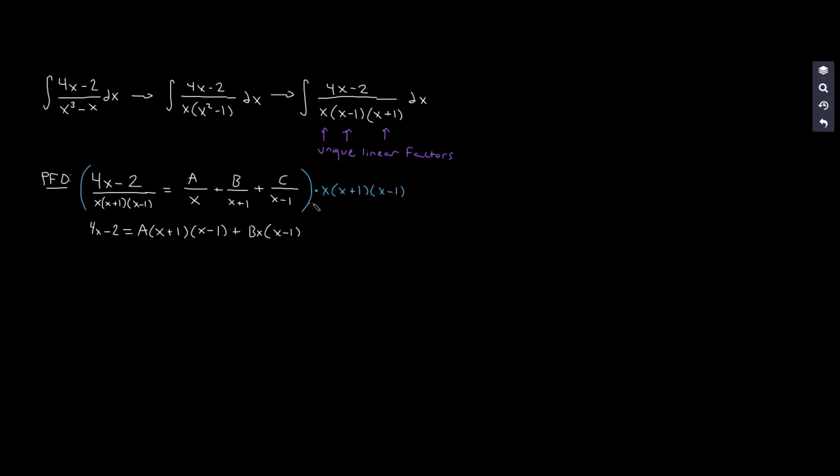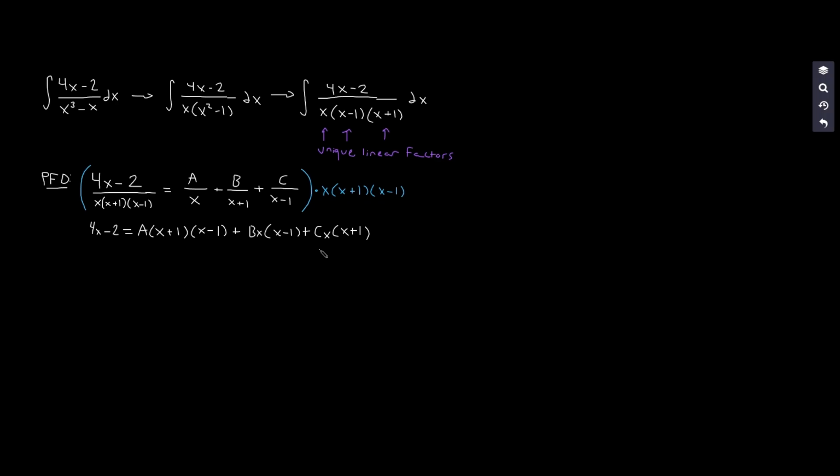And then for the C, these are going to cancel each other out, and we're going to end up with plus C times x times (x plus 1).